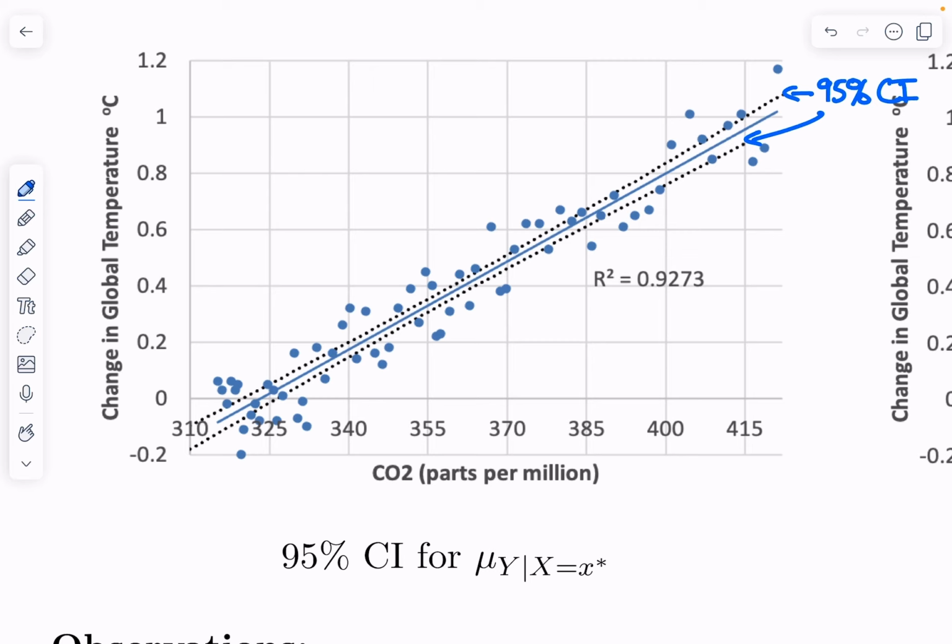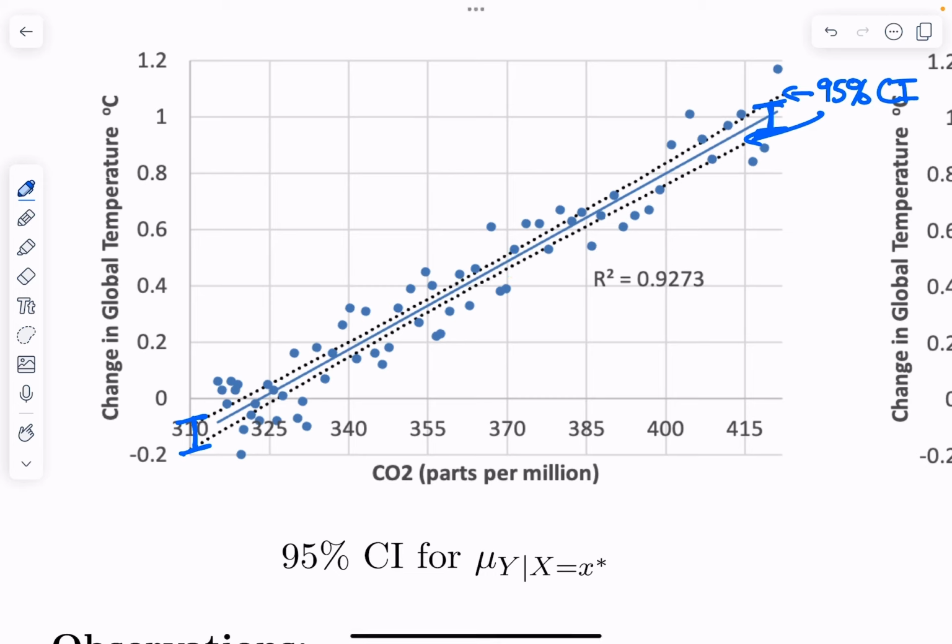You'll notice that the interval is thinner toward the middle of our data set, and then it's wider towards the outside of our data set.